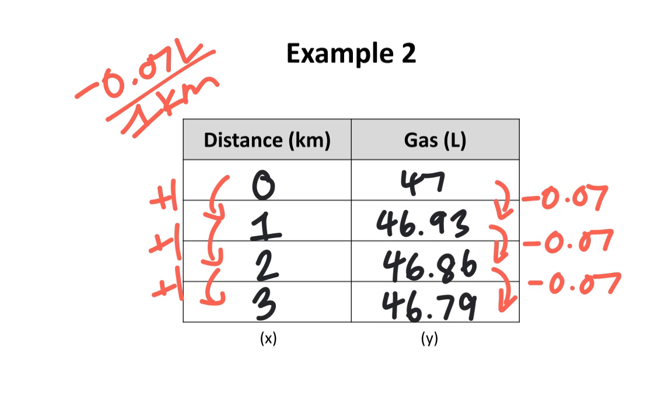Furthermore, my initial value would be 47 liters, since that is the amount of gas I have when I've driven 0 kilometers. It is also important to note that the column on the left represents your values of x, and your columns on the right represent your values of y.